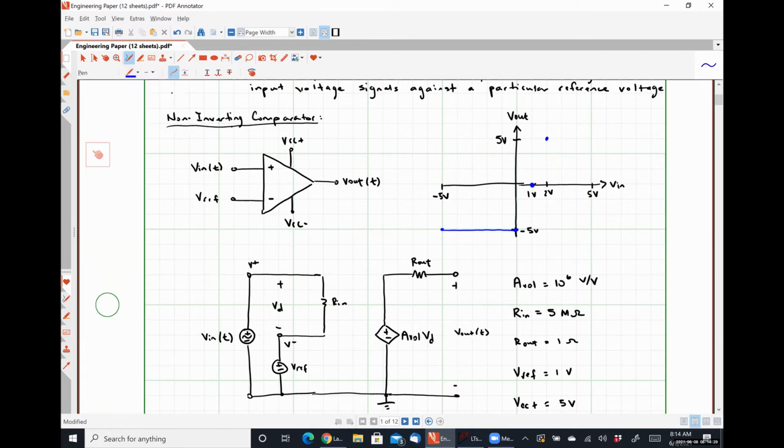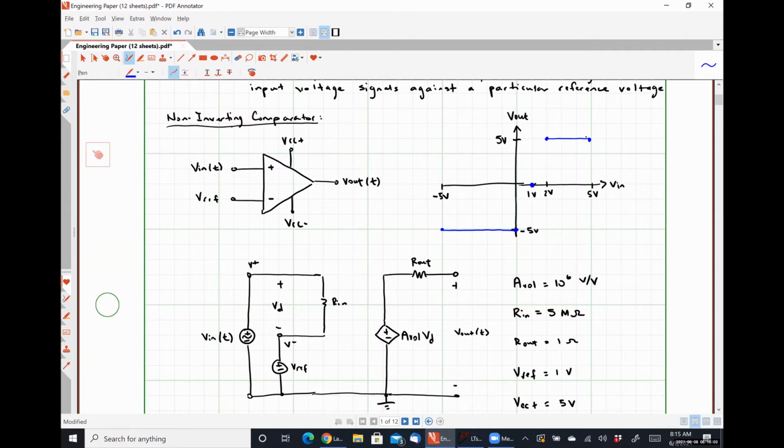So at positive 5 volts for Vn, Vd is equal to 4 volts, right? 4 volts multiplied by 1,000,000 is 4,000,000 volts, which is again much, much larger than VCC plus. So we have saturation. So I'm going to connect these dots because I can pretty firmly say that for all input voltages between 2 and 5 volts, our output should be positive saturation.